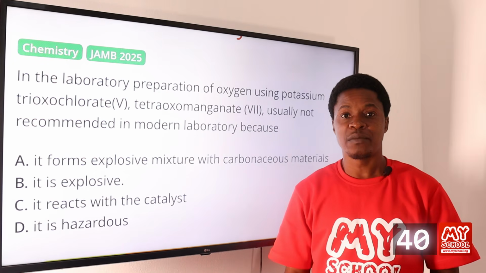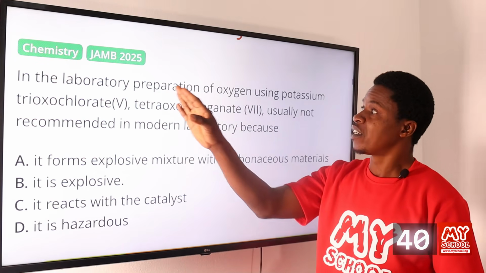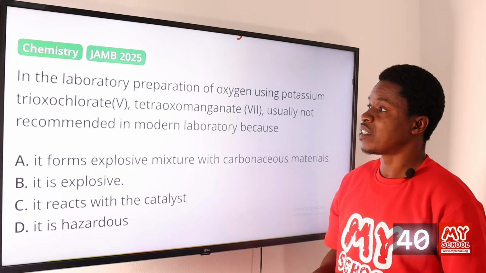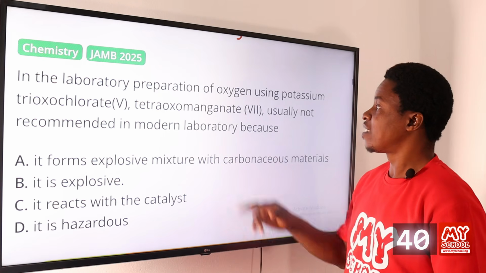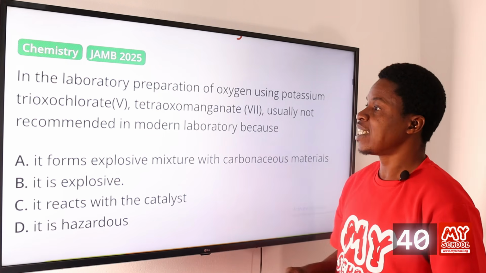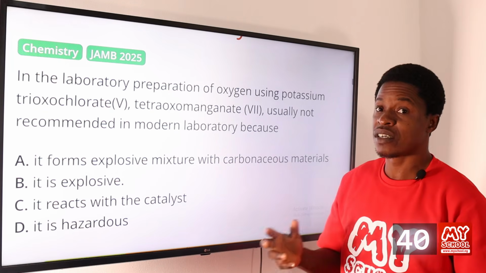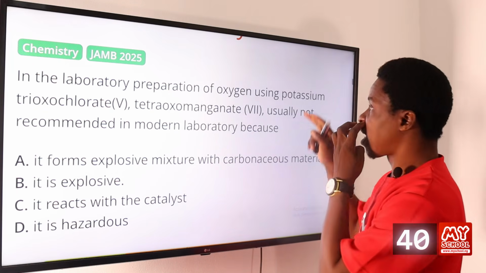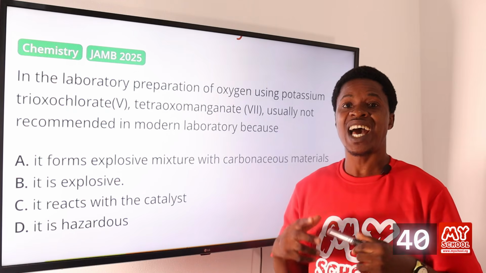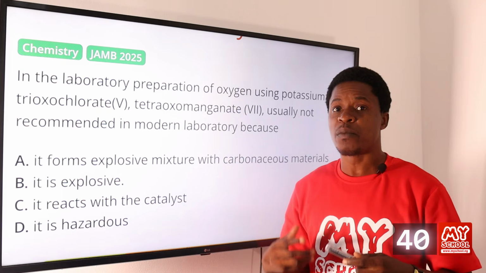Let's move on to question number 40. In the laboratory preparation of oxygen using potassium trioxochlorate(V) and tetraoxomanganate(VII), what is the reason it is usually not recommended in the modern laboratory? When we talk about potassium trioxochlorate(V), of course, it is a highly oxidizable material.